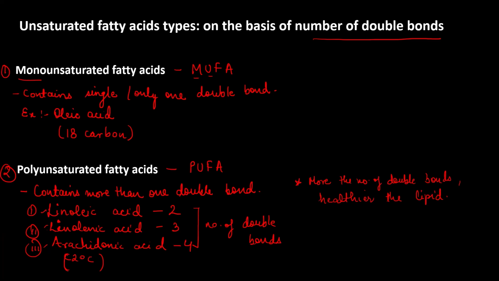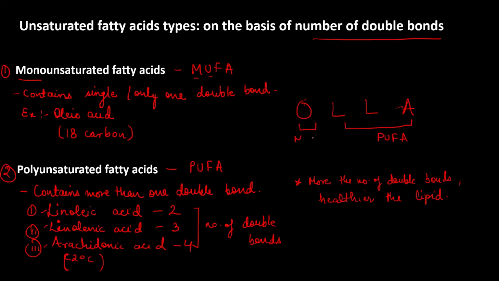For example, arachidonic acid that is present in the almond. So more the number of double bonds, healthier the lipid. Now, if someone asks you the example of monounsaturated fatty acid, you can also write the mnemonic: OLLA, where O is oleic, and LLA constitutes PUFA, that is your linoleic acid, linolenic acid, and arachidonic acid.